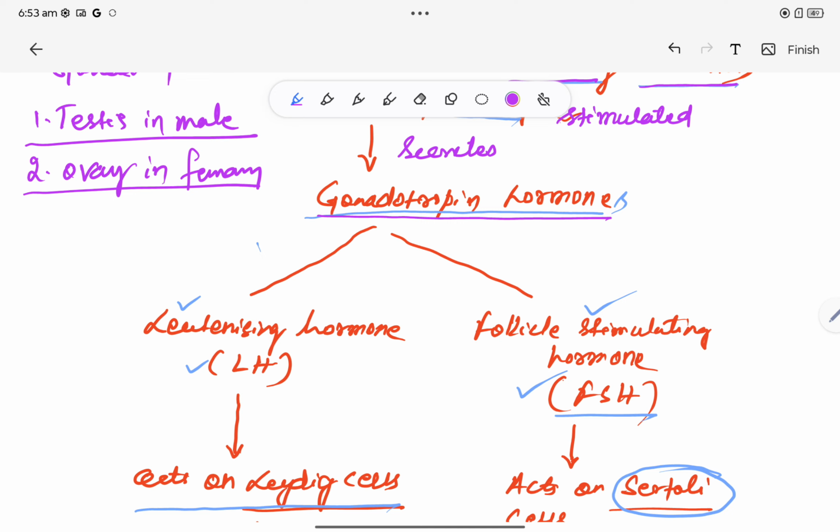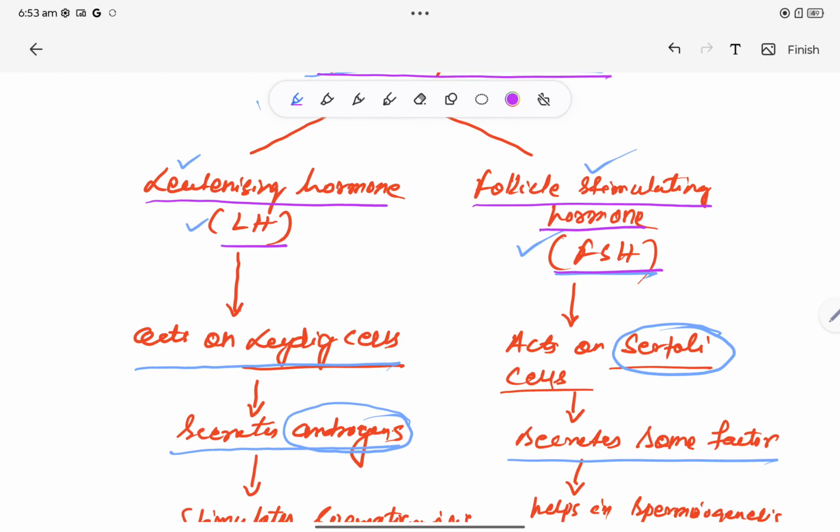Now these gonadotropin hormones are of two types. One is luteinizing hormone or LH. The other one is follicle stimulating hormone or FSH. Now this LH acts on Leydig cells. Leydig cell, where is it located? Once again, let me tell you.